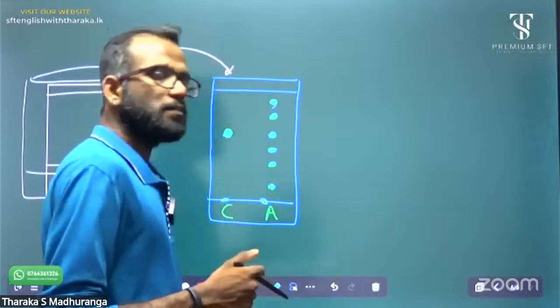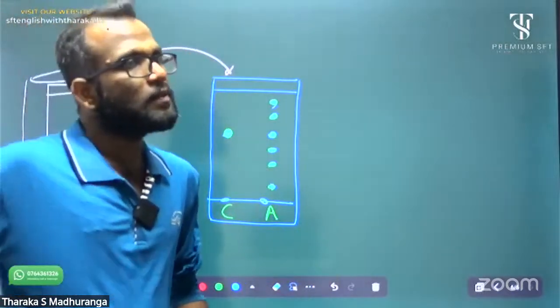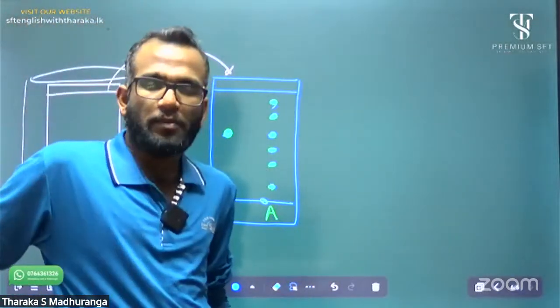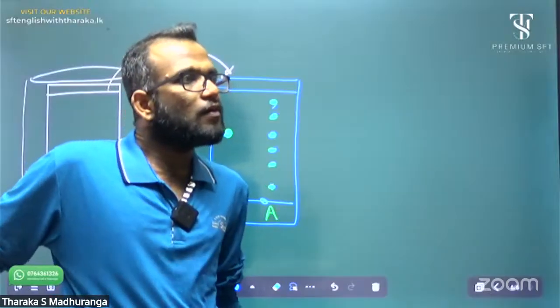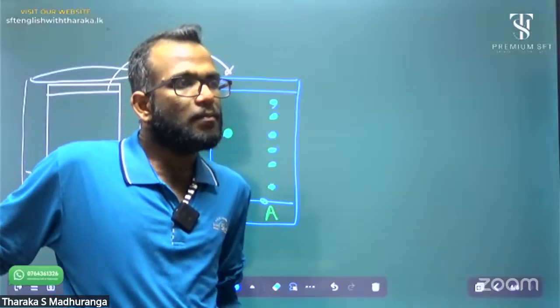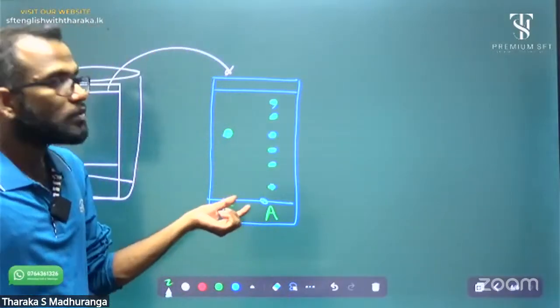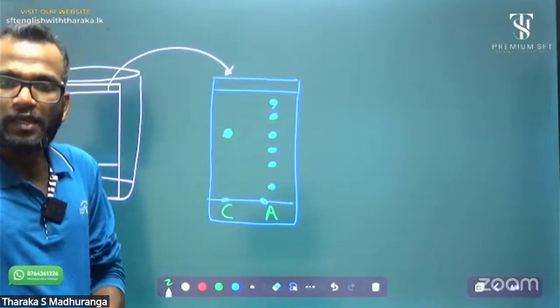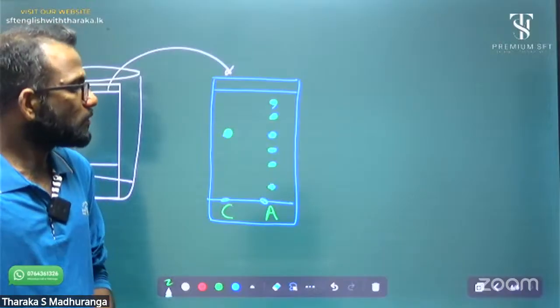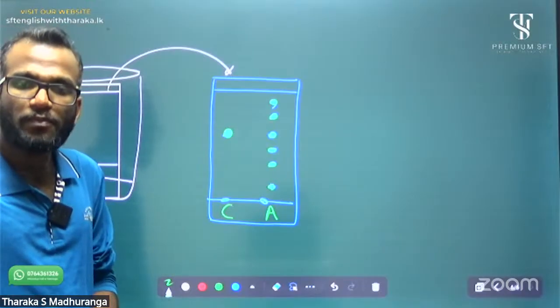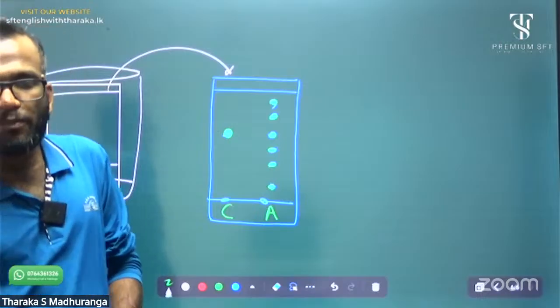Now, my question. There was another exam question: why do we maintain a 1.5 centimeter height for the baseline from the bottom end?